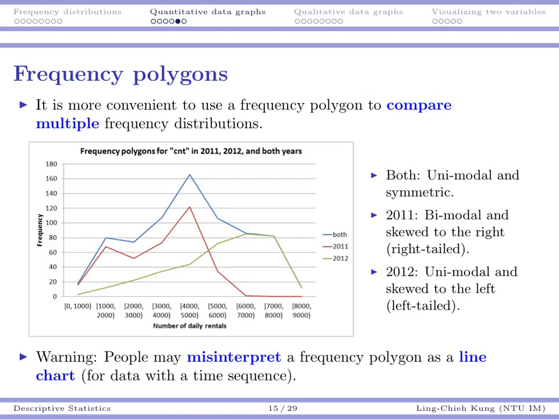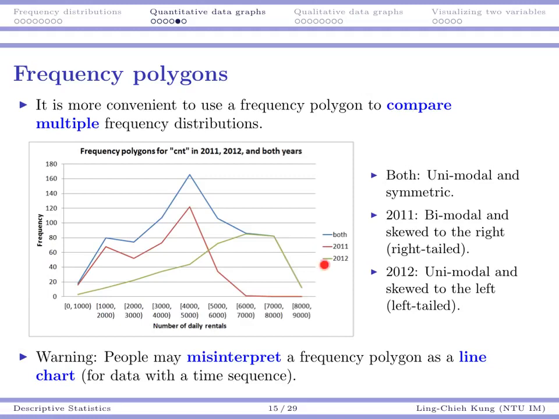Be aware of the meanings of these lines. Okay, these are depicting your frequency distributions, or in some sense frequencies. As you know, in the data set, the daily rentals or the total number of rentals in 2011 is generally smaller than those in 2012 because the rentals are in an increasing trend.